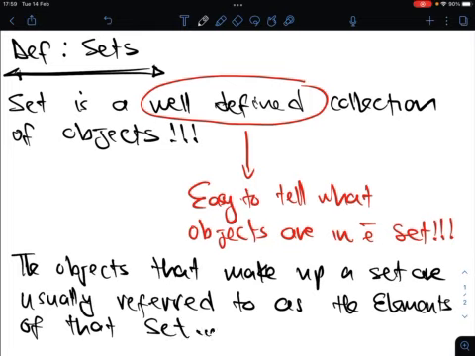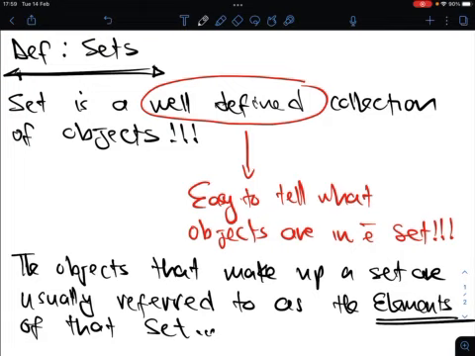Remember I said one thing that characterizes a set is the presence of objects within it. So the individual objects that are contained within a particular set, we refer to those as elements of that set. The correct name that we use for the objects that are found within a particular set is elements, or in some books they say members. But the common term that you're going to be coming across quite often is elements of a set. So whatever is found within a set, we call that an element of that particular set.